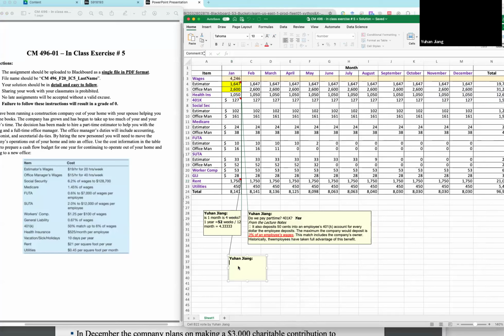So the information we are given is $21 per square foot per year. So assuming your office will be how many square feet?